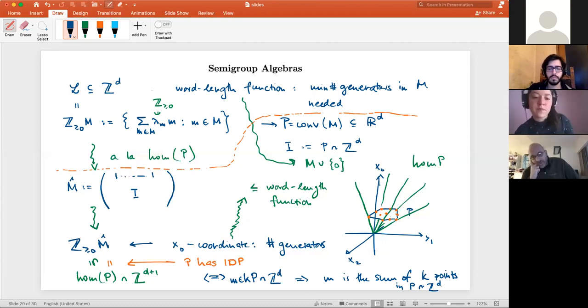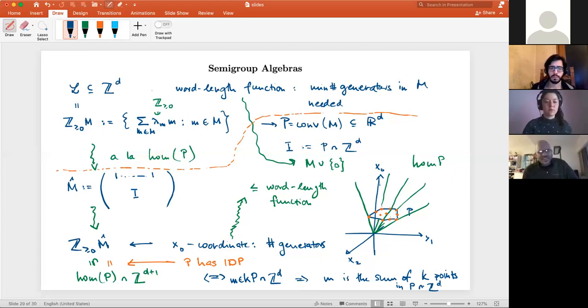My word length application says, in a nutshell, if the polytope that you construct out of a word length problem has IDP, then your word length function is basically an Ehrhart polynomial.